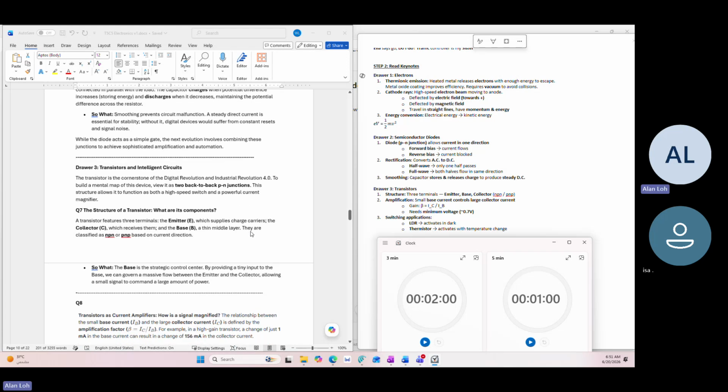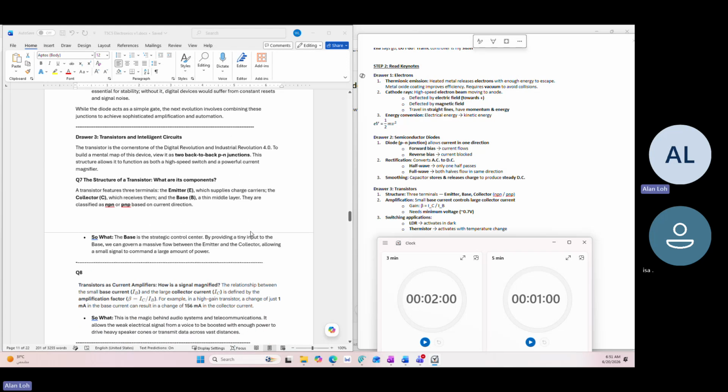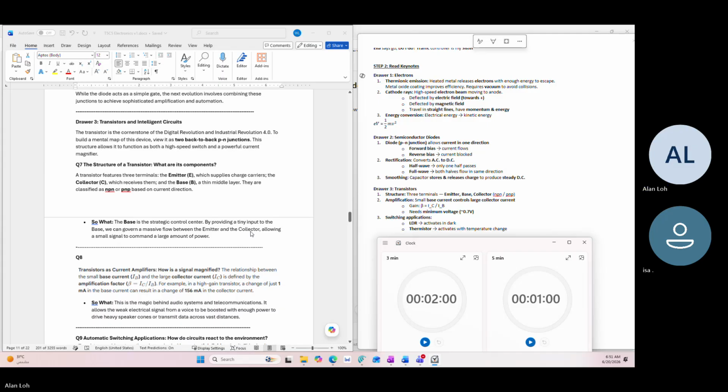So let's go to drawer 3, and I hope for drawer 2 your level has increased to level 4. Okay, let's do 2 minutes for question 7 and question 8 together.